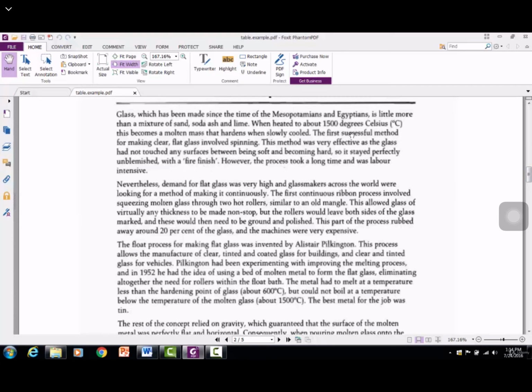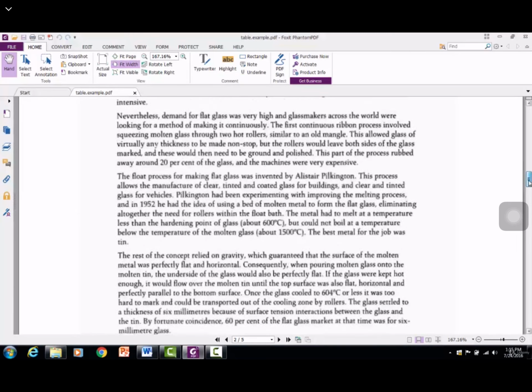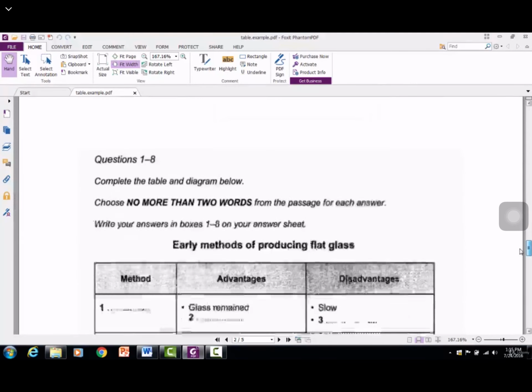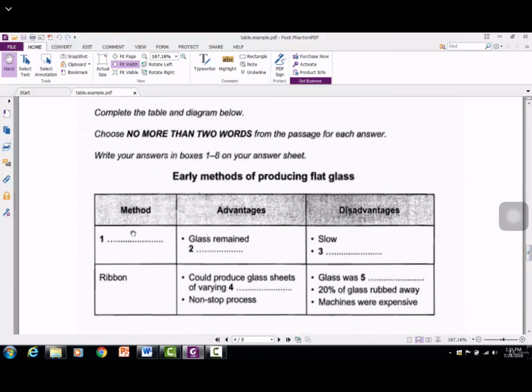Well, as we're scanning, we actually see number 1 right here. It says the first successful method for making clear flat glass involves spinning. Okay. So that's actually our answer for number 1 right here, the spinning method. That's the first method. Early methods of producing flat glass. First method is spinning. Okay.